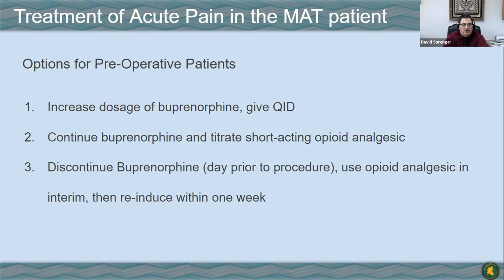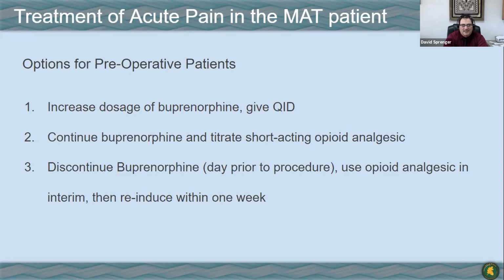Another option is you could continue the buprenorphine and then titrate some short-acting opioid analgesics in. This is a little bit tricky because of the antagonism that buprenorphine provides. Pharmacologically, it both stimulates the mu receptor as well as blocks it.